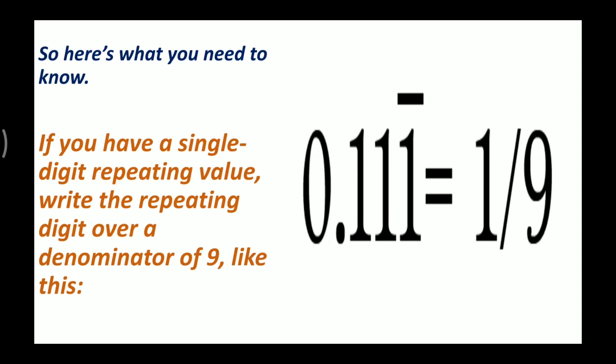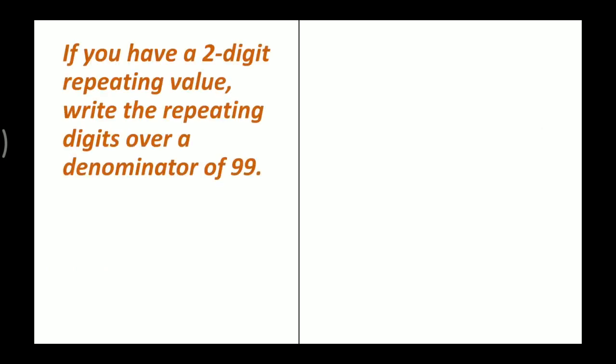So if you have 0.111 recurring, your 1 is a single digit which is recurring, and you just have to write the repeating digit over a denominator of 9. So the value of 0.1 recurring is equal to 1 by 9. And if you have a 2-digit repeating value, write the repeating digits over a denominator of 99.